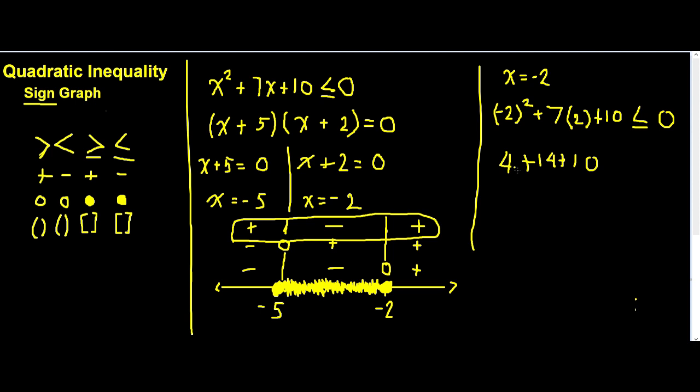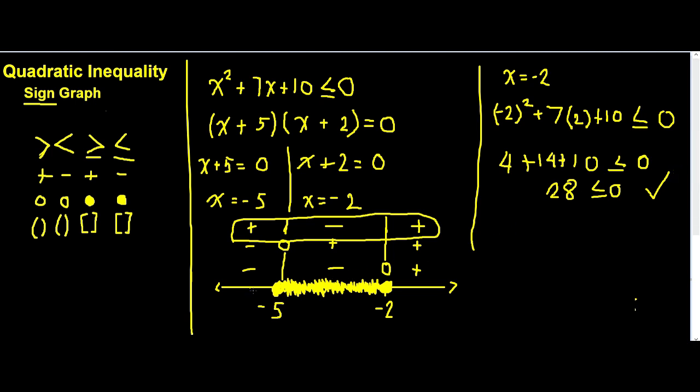You have 4 plus 10 minus 14, you have 0. Is 0 lesser than or equal to 0? True. Kuha? So, lahat ng na-shaded na part dito sa gitna is considered the solution and will make your inequality true.